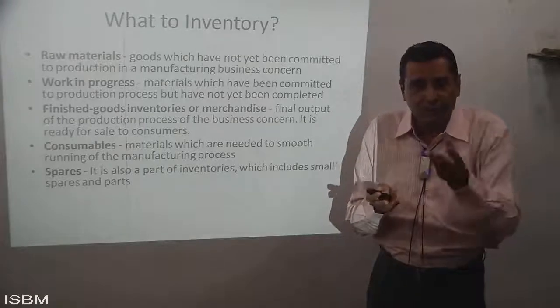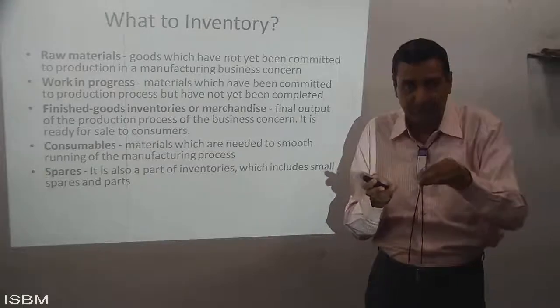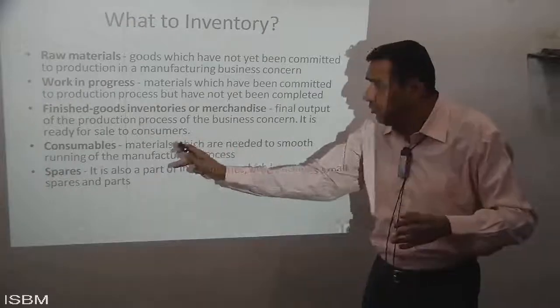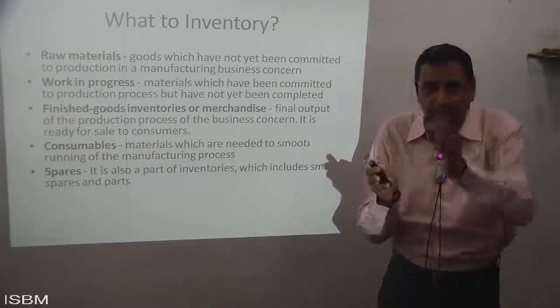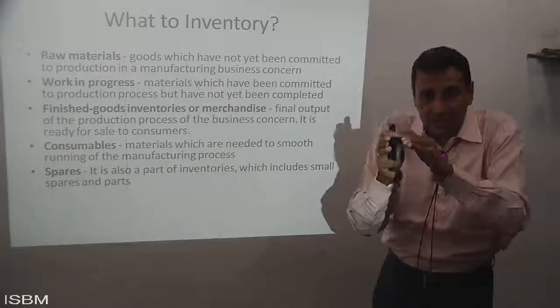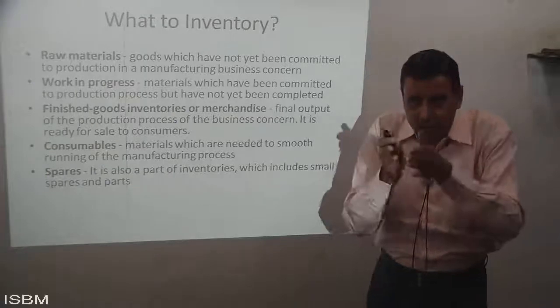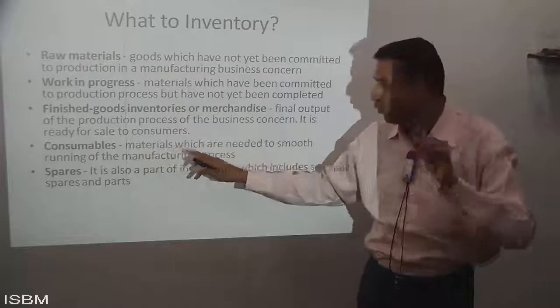If the small consumables which are an essential part of the machinery are not there, your production can stop anytime. So we need to keep consumables at a certain level, so that if anything happens on the production line, they have some nuts, bolts, spares or miscellaneous items in the stores.